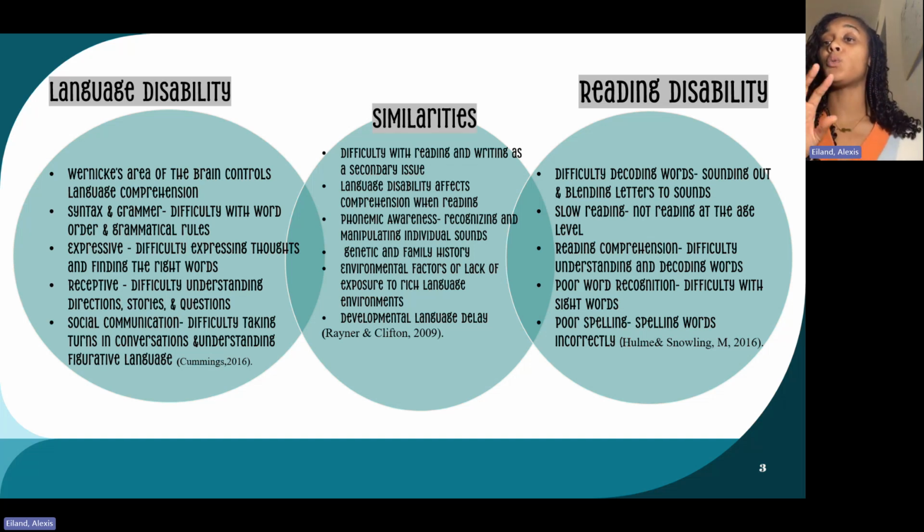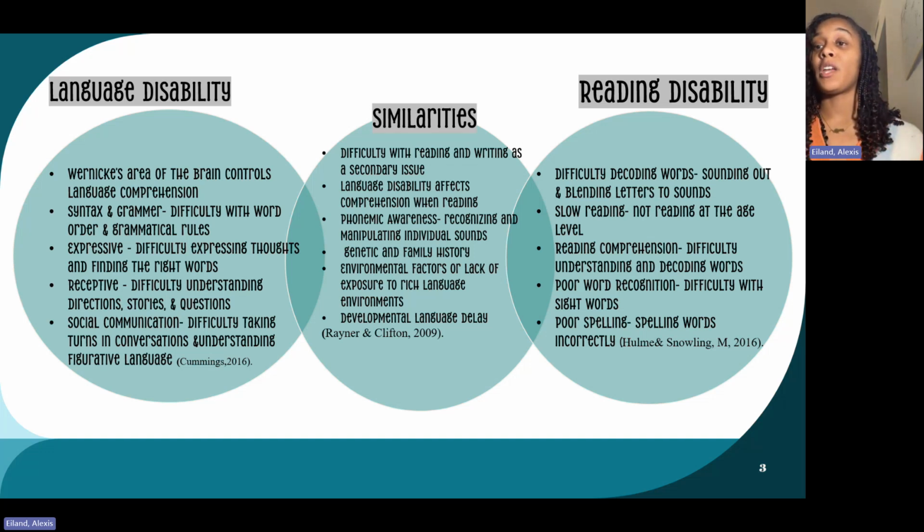Now let's move on to reading disabilities. Someone with a reading disability may have difficulty decoding words, sounding out, and blending letters to sound. They may also not be reading at their age level, or they're a slow reader. Another area is reading comprehension, which is difficulty understanding and decoding words, and poor word recognition or difficulty with sight words, and also spelling.